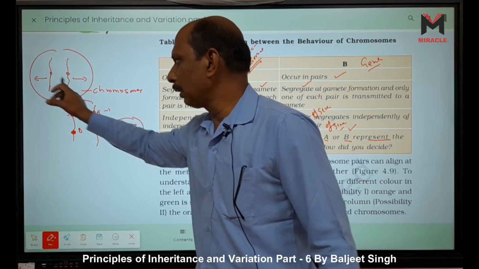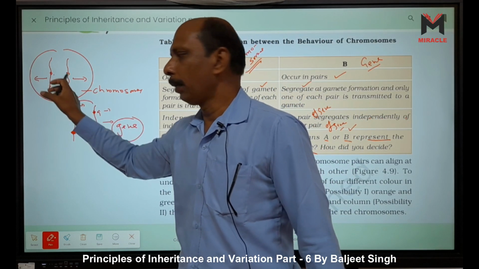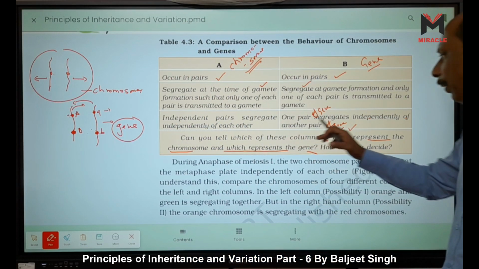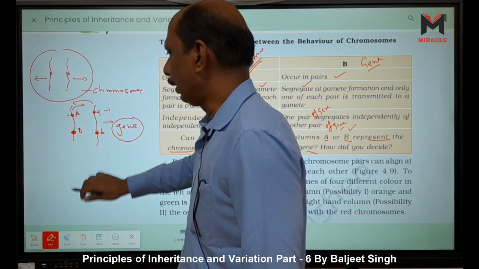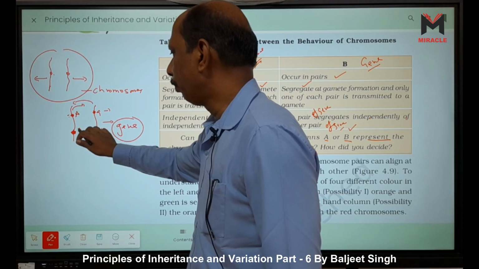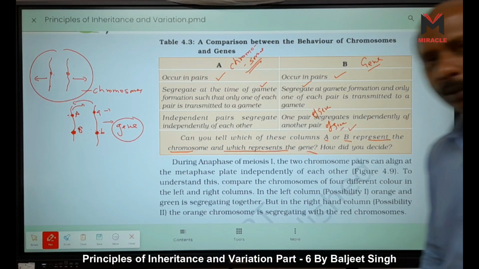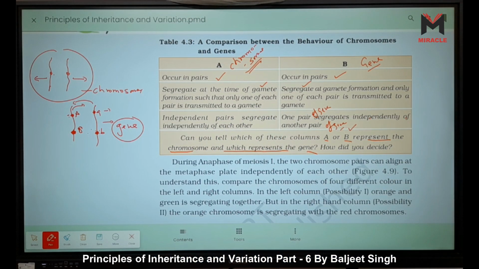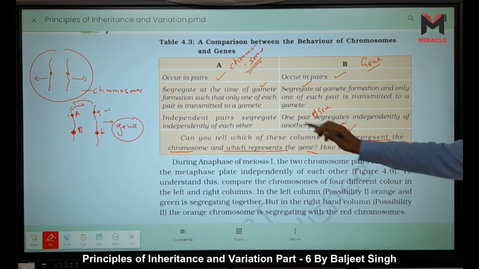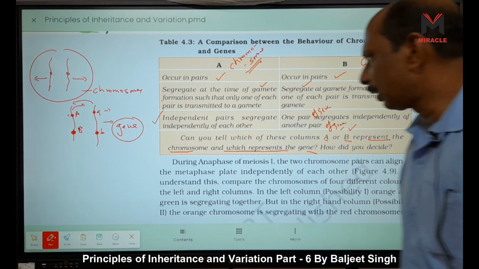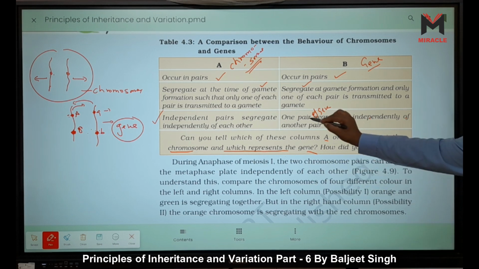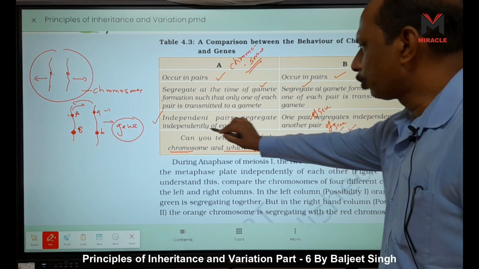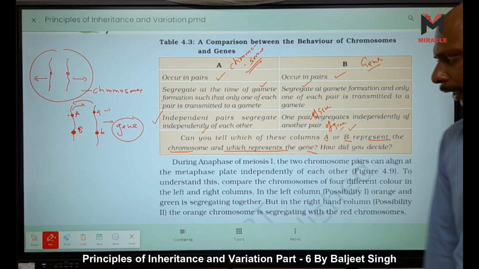But here, one pair segregates independently of another pair, that is, this pair from another pair, BB. I think you understand which one is gene and which one is chromosome. How did you decide? By this third statement. We can decide because here a pair segregates, but there a single chromosome segregates independently of each other.